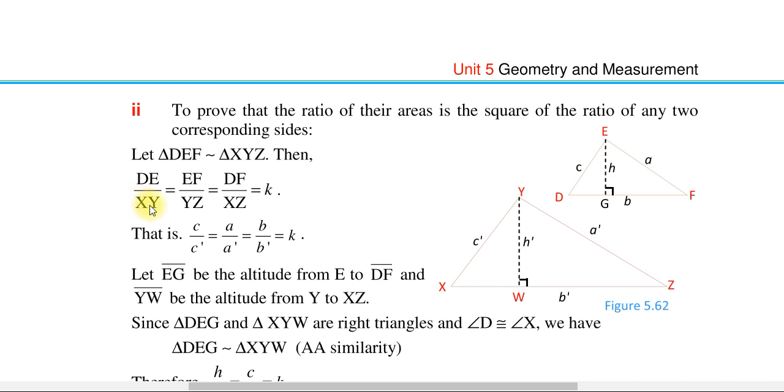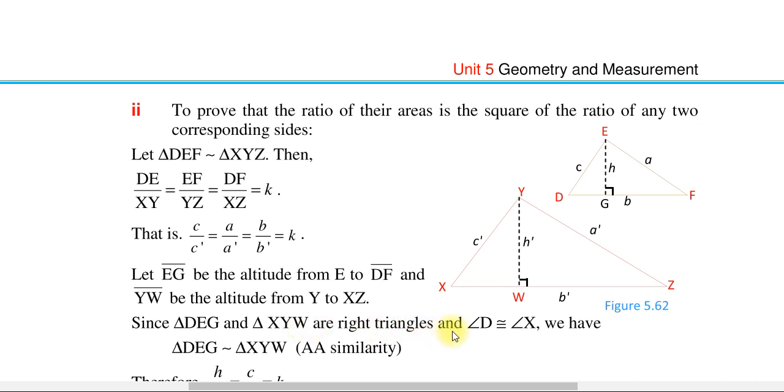Then DE over XY is equal to EF over YZ and DF over XZ, which is equal to K. Then, substituting, C over C prime is equal to A over A prime is equal to B over B prime is equal to K. Let EG be the altitude from E to DF and YW be the altitude from Y to XZ. So H and H prime are assigned as the altitudes.